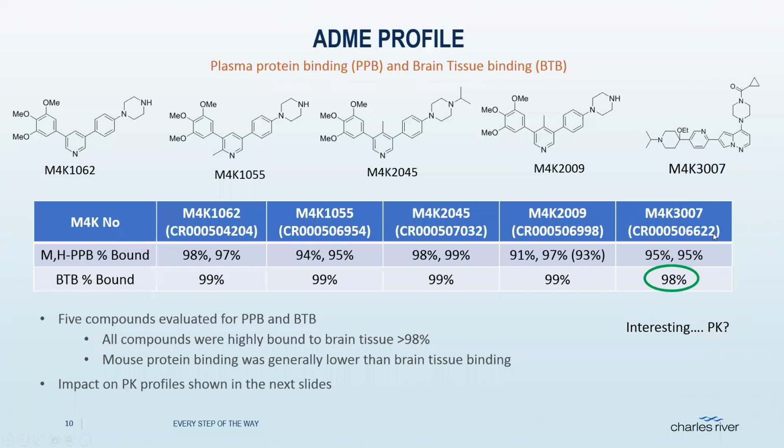I think it's interesting. Yeah. Sorry, I was just going to say, I think you're absolutely right. Even though it does seem to be highly bound, because you've got a very good PK profile, that does leave you with a significant amount still getting into the brain out to a little while.